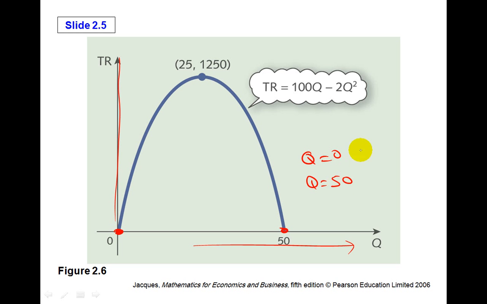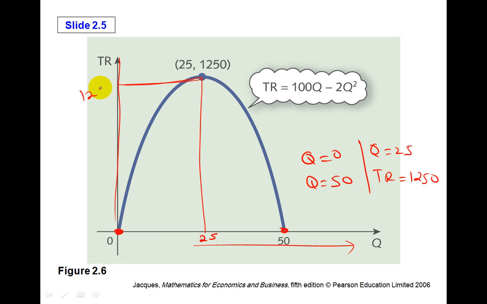And our maximum point was Q equals to 25, and TR equals to what? 1250. So this is our maximum point. Regarding Q it will be here on 25, and regarding TR it's 1250. This is our maximum point. And of course because here it's negative 2Q squared, the slope is negative, so the graph is going down this way because the slope is negative.